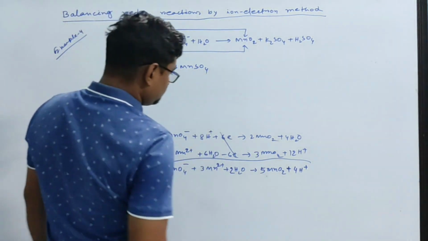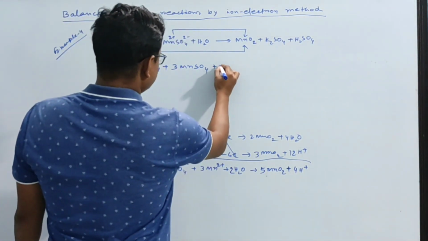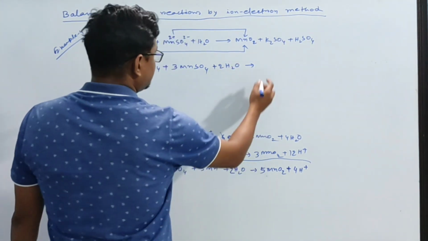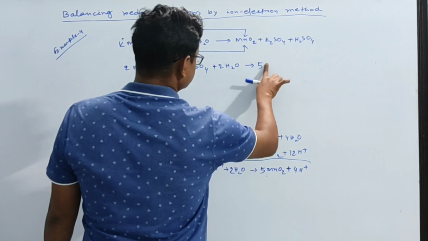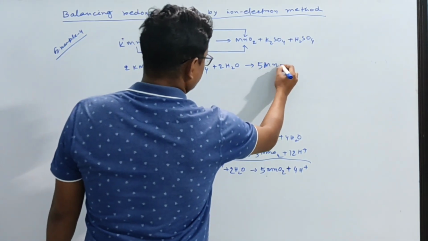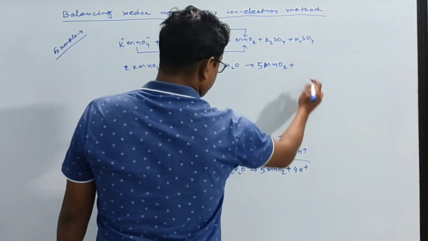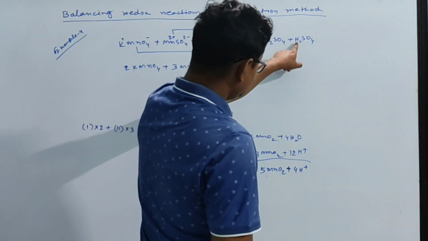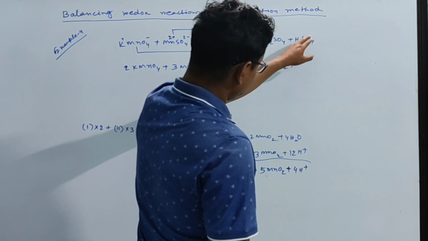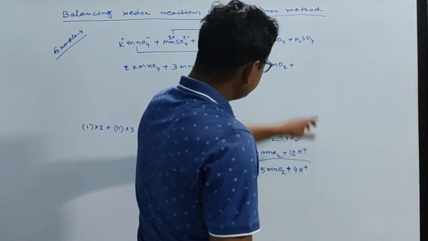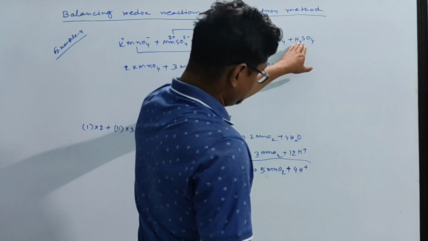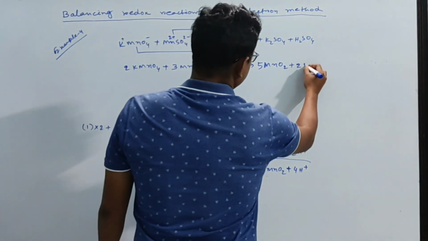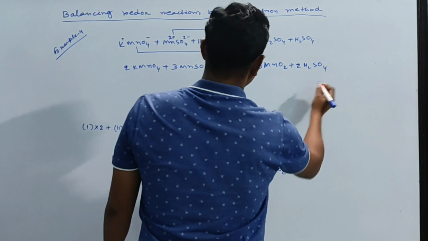Plus 2 H2O giving 5 MnO2 plus 4H plus. Here H plus is coming actually from H2SO4, and each H2SO4 molecule needs 2 H plus, so it will be 2 H2SO4.